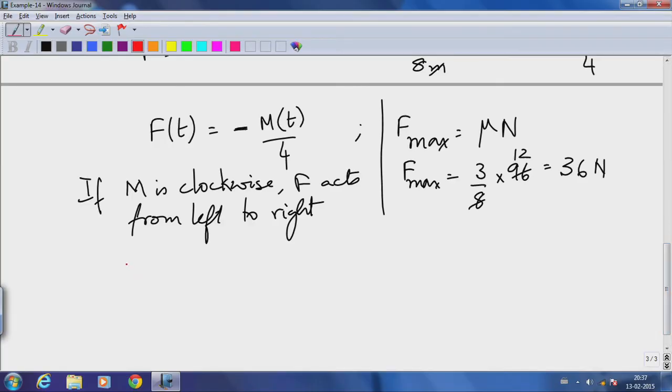What I do know is that if the magnitude exceeds F max, this F of t is the magnitude of the friction force required for no slip. If this magnitude exceeded F max, then we know the hoop will slip.